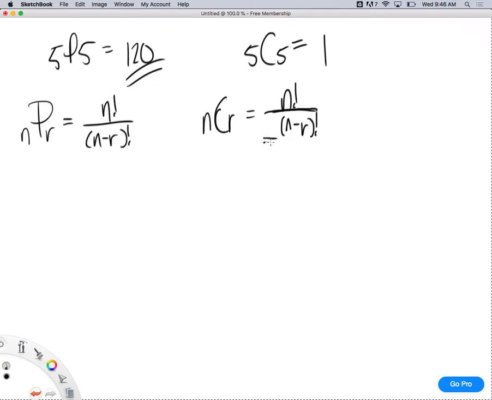A hint: I go from 120 to 1. So what do I divide by? 120. It's not a trick question. But n isn't 120, and r isn't 120. How could I get to the number 120 using only n or r?